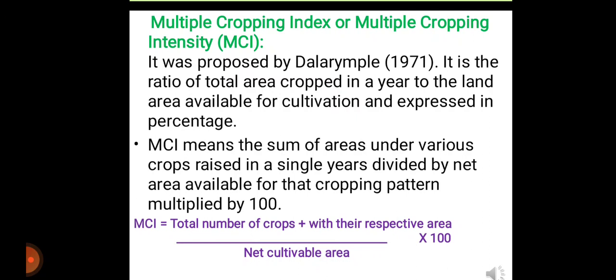Multiple cropping index means the sum of area under various crops raised in a single year divided by net area available for that cropping pattern, multiplied by 100. MCI is equal to the total number of crops with their respective area divided by net cultivable area, into 100.